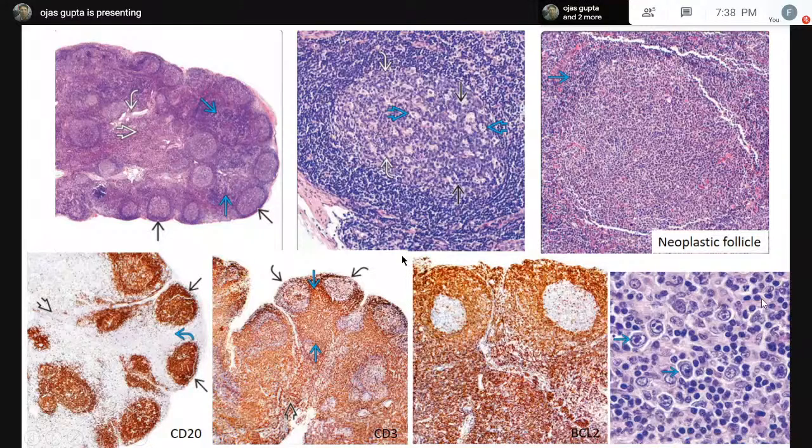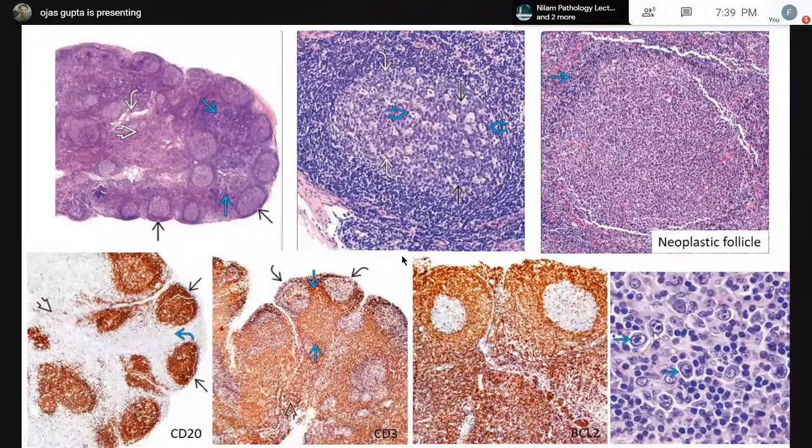Now, the normal germinal center comprises numerous centrocytes, which are small, have cleaved nuclei, hyperchromatic nuclei and inconspicuous nucleoli. Also, there are scattered immunoblasts, which have centrally placed basophilic nucleoli.